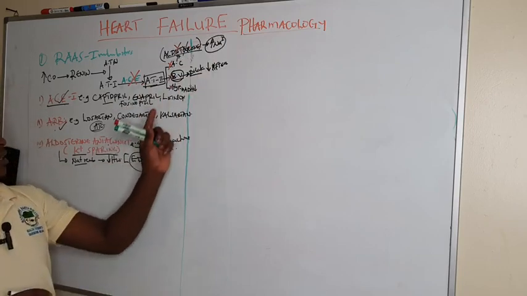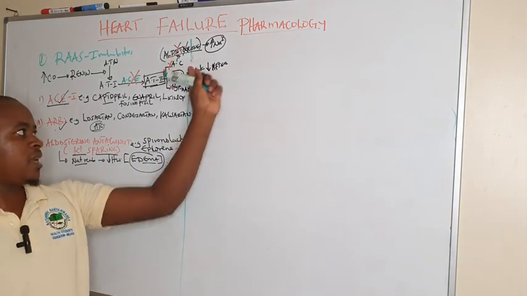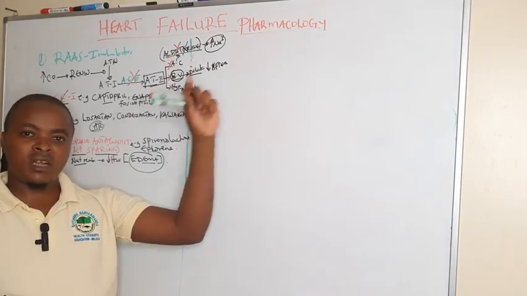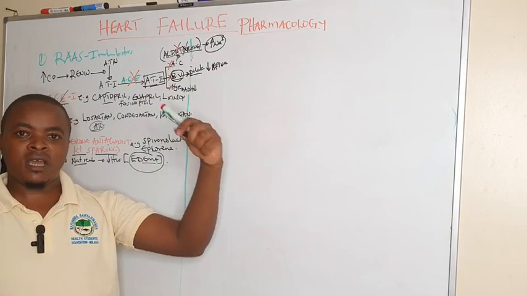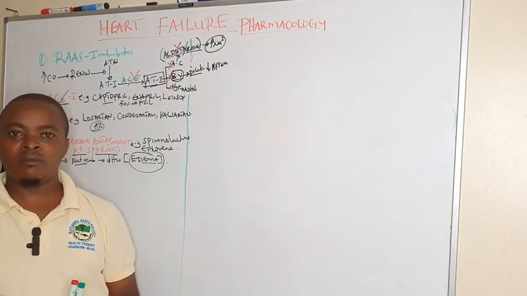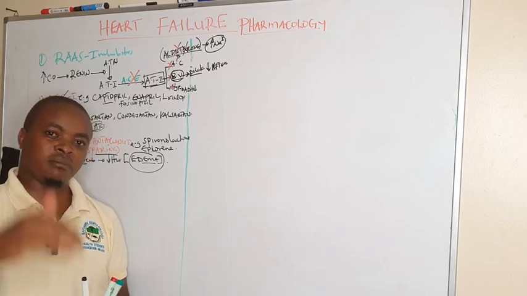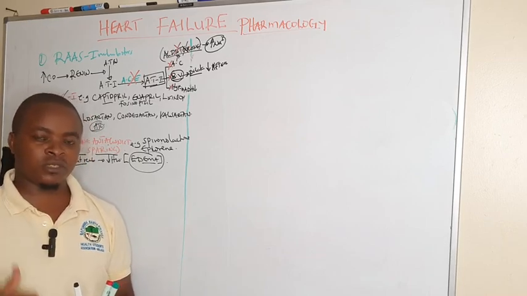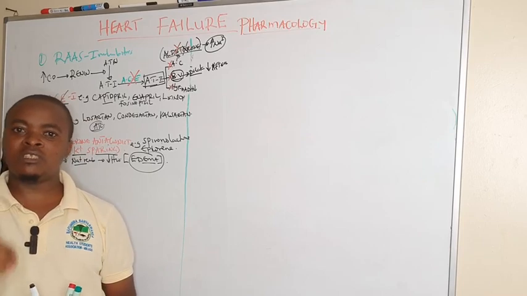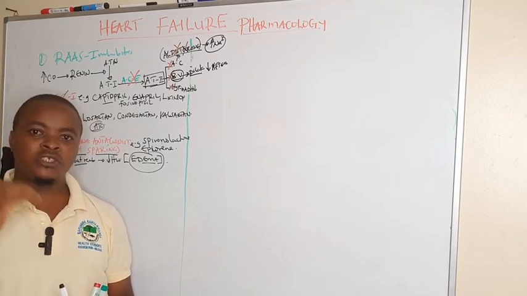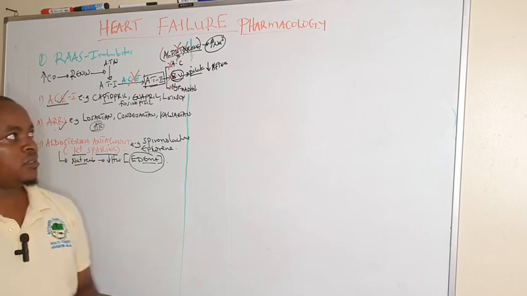If I block aldosterone and I block production of ADH, little sodium is reabsorbed and little water is also reabsorbed, meaning I'm excreting much of the sodium in urine, which will result in reduced preload.